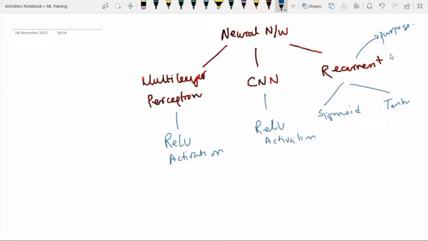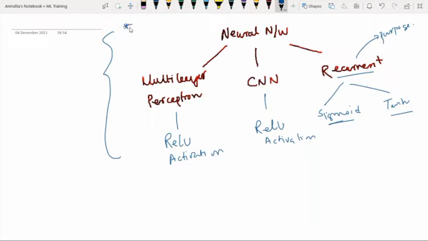So depending on the prediction objective, the activation function chosen by the recurrent neural network varies from the sigmoid function to the tanh function. So you have to remember this chart. This is not a fixed rule, but since I have done several projects, from my experience I can give you this chart. So keep this in mind.